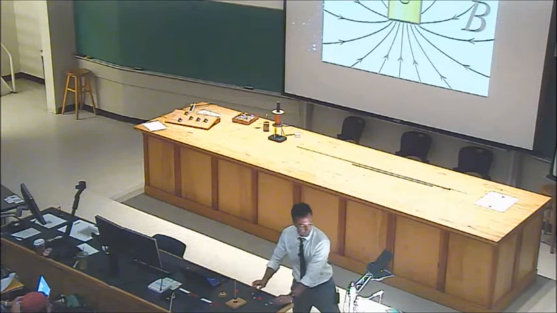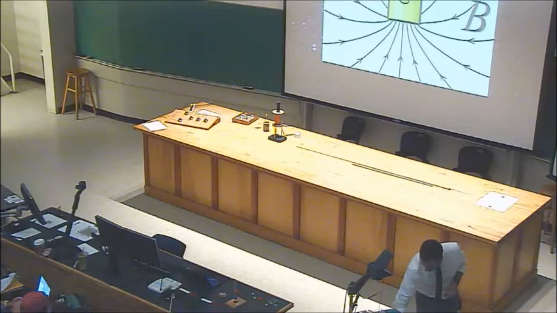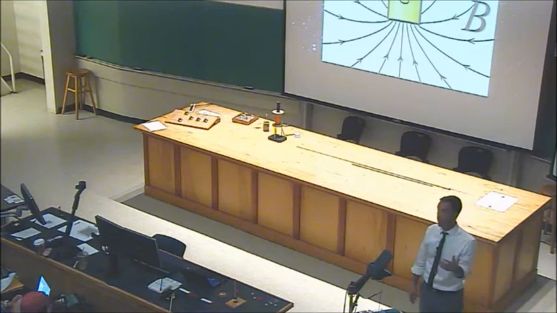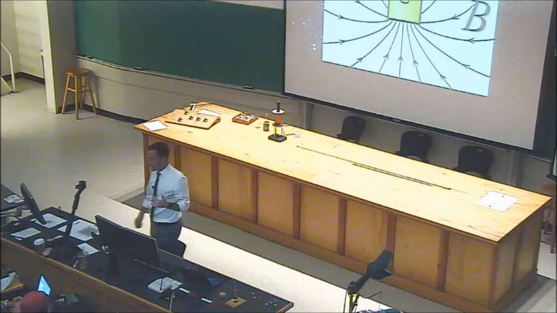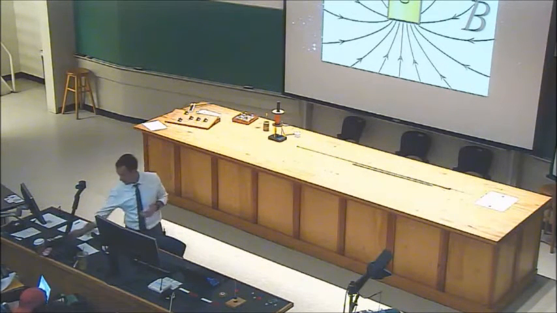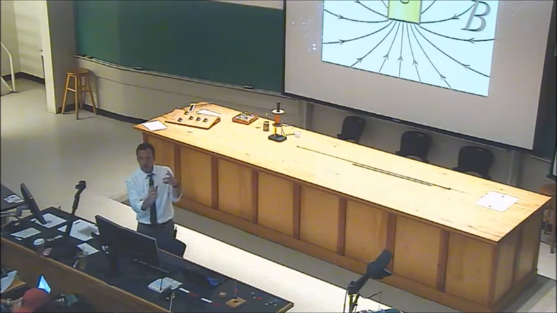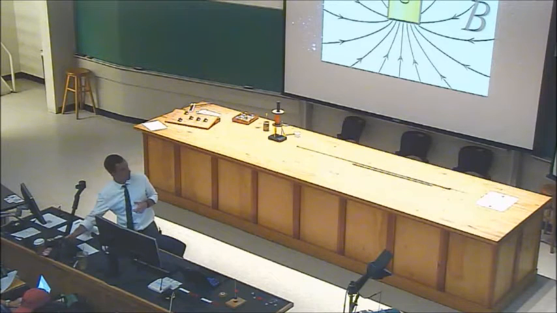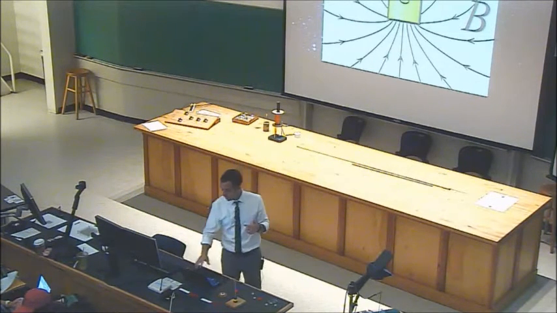Okay. So anytime you run current through a wire, you're going to get a magnetic field. That magnetic field is usually not too crazy strong until you coil the wire to organize that wire. There we go. And that is called an electromagnet or a solenoid.